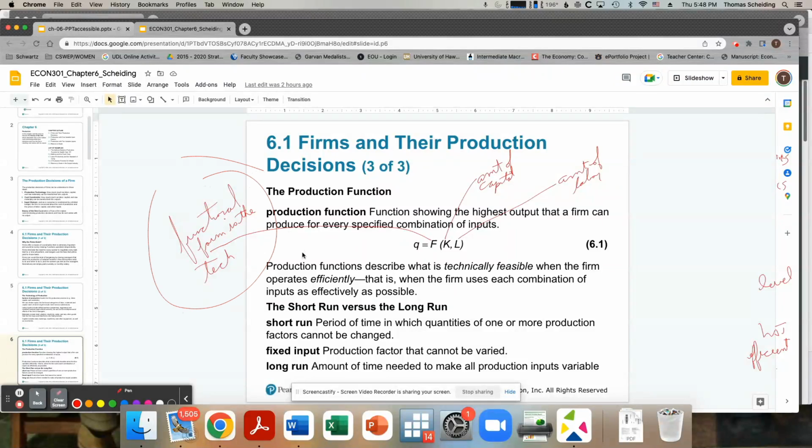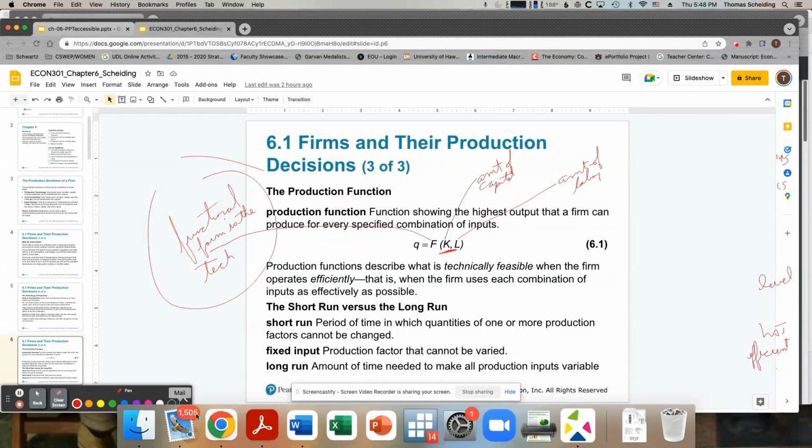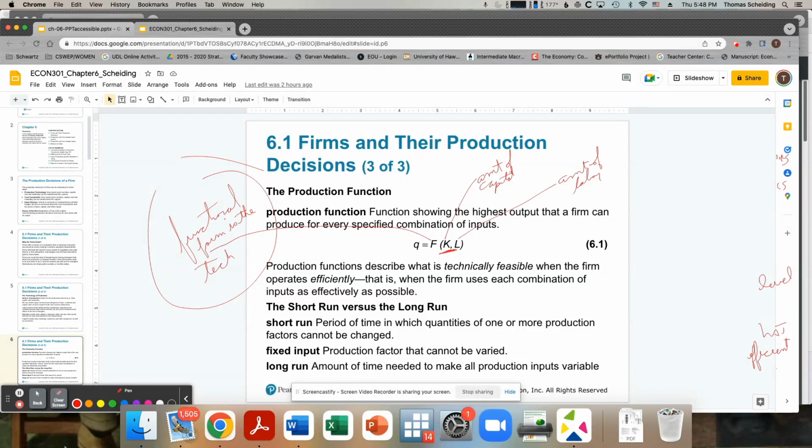So that's where you see the technology, the way that the capital and labor are combined with each other. And what this production function tells us is how to optimally combine capital and labor and minimize your costs. And we would have to look at this differently if it was the short run versus the long run, with the difference between the short run and the long run being that in the short run, there is some input that cannot change, and in the long run, all of the inputs can change.